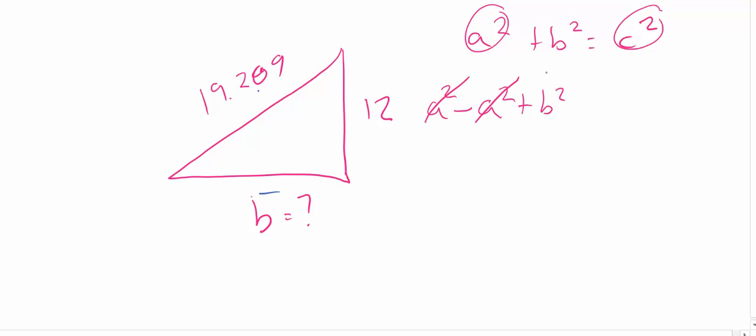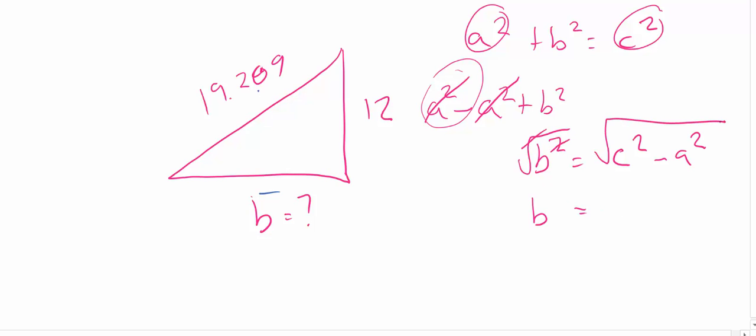That leaves B squared equal to C squared, but because I minused A squared over here, I have to minus it here as well. Here's my new formula to solve for B. I have to isolate B singularly, so I take the square root of this side as well. My new equation becomes the square root of C squared minus A squared gives me B.